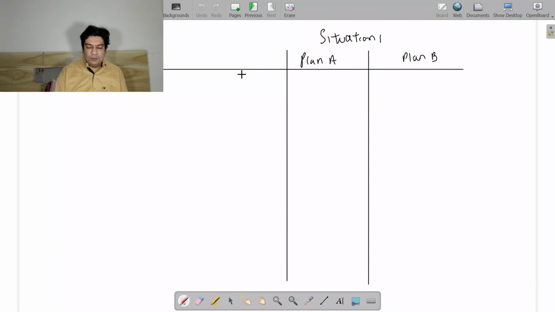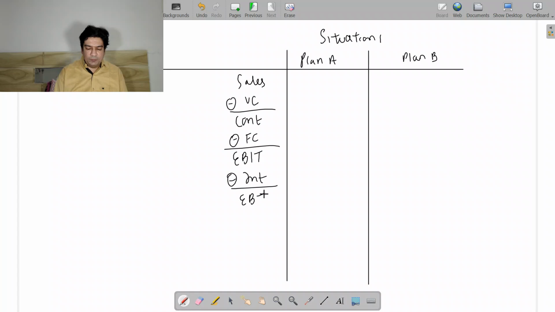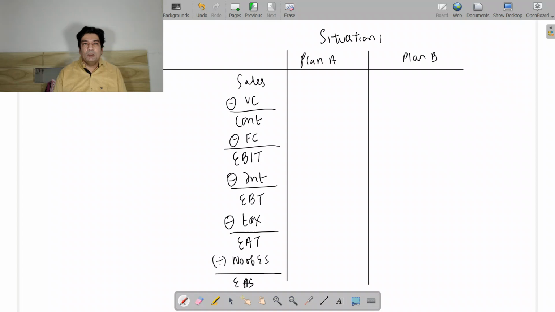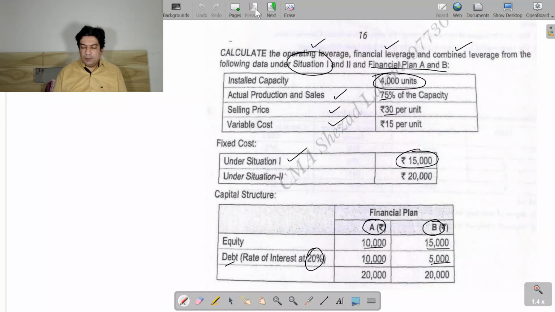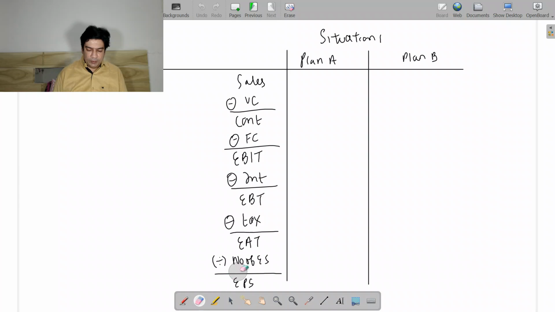So we have sales minus variable cost to be our contribution, minus fixed cost will give me earning before interest and tax, minus interest will give me earning before tax, minus tax will give me earning after tax, and there is no preference share capital. So this, if I divide by number of equity shares, I am going to get earning per share. But let us check whether they have told us to find earning per share. No. So we don't require this data. This is enough.